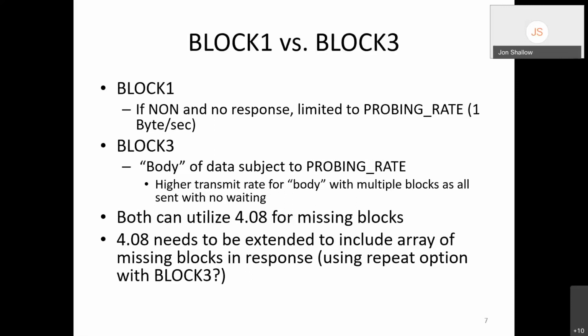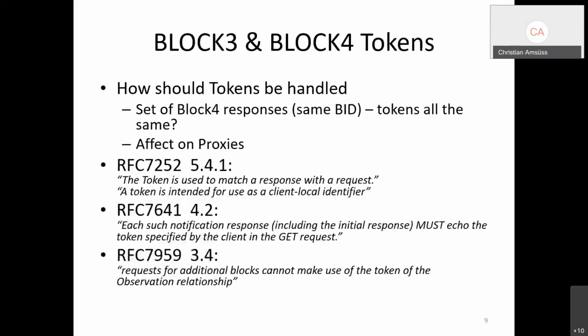Well, for block 2, I think it's really not that different from what block 4 does. The main point is to get the server to send the blocks en masse in the first place, and the token issues that you're stumbling on are the linchpin where this will all revolve around, because this is the tricky part.